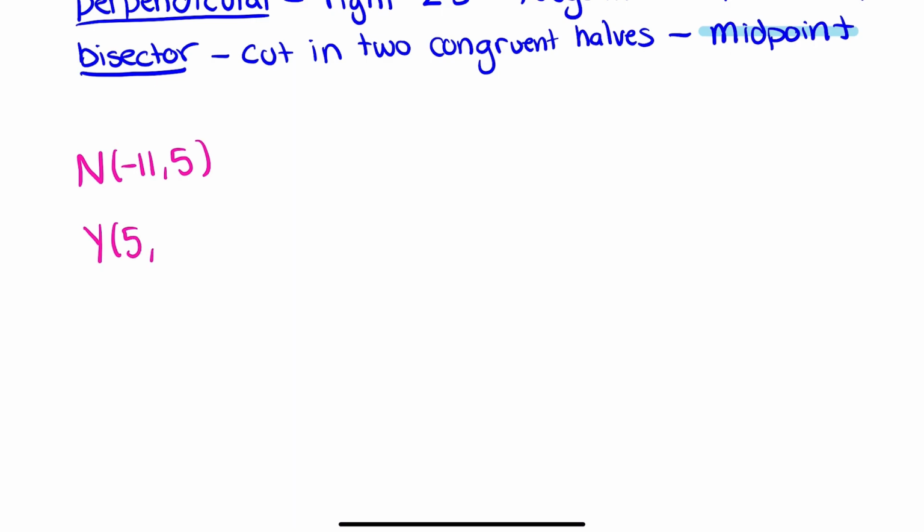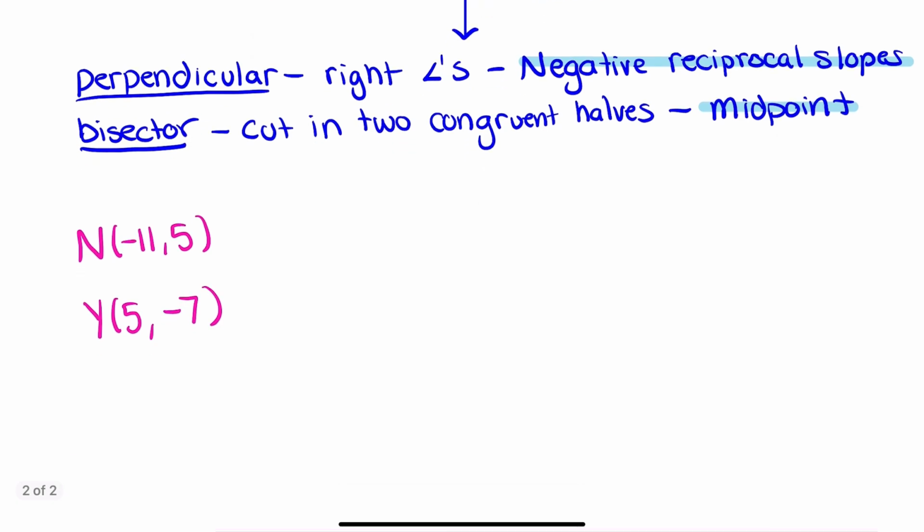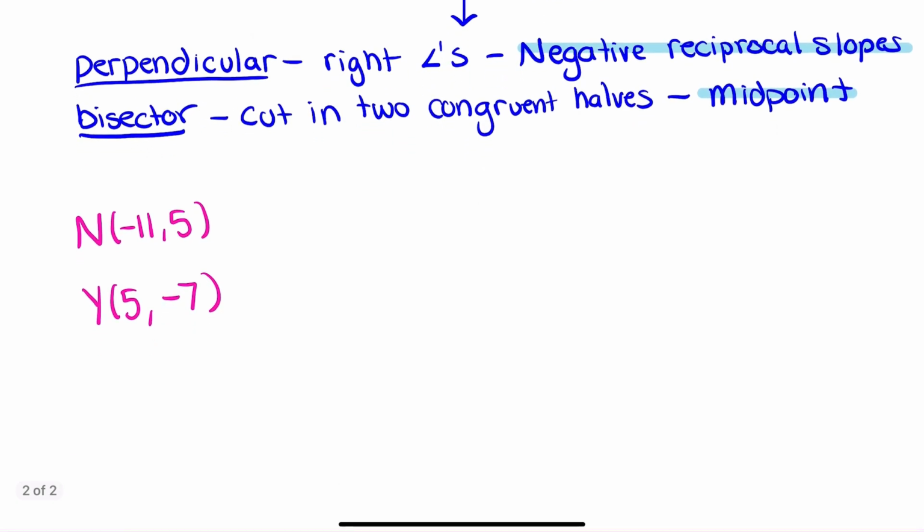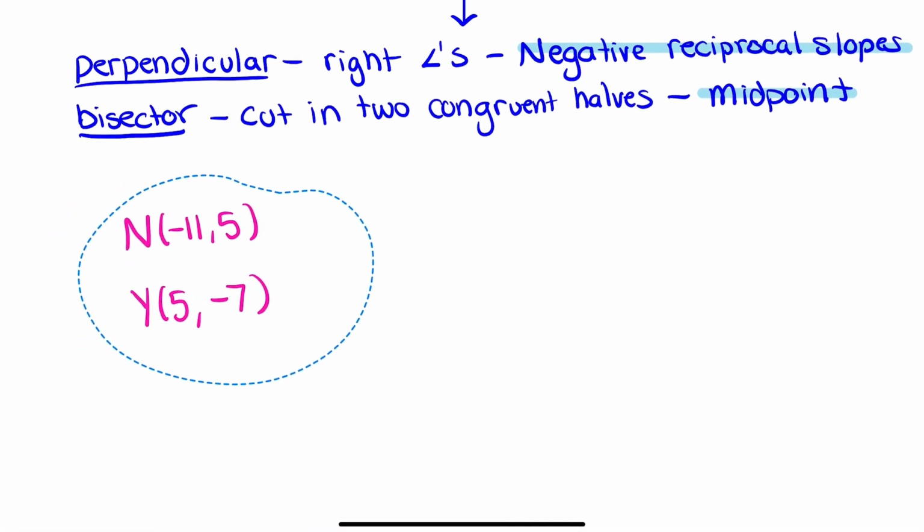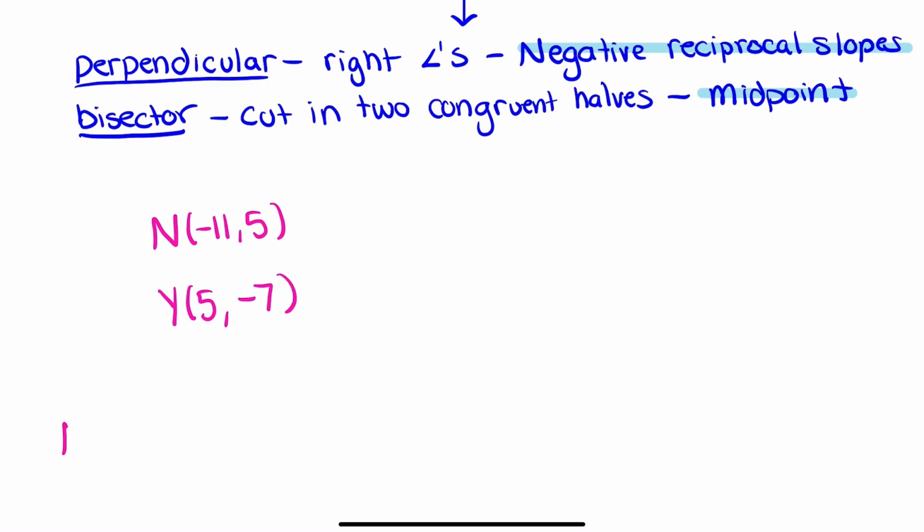There's a lot of different ways people find slopes. You can absolutely use the slope formula, which is given to you on your reference sheet. But I like to think of slope very, very simply. I like to think of slope as change in Y over change in X. So if I take a look at my change in Y, how is my Y changing when I go from 5 to -7?